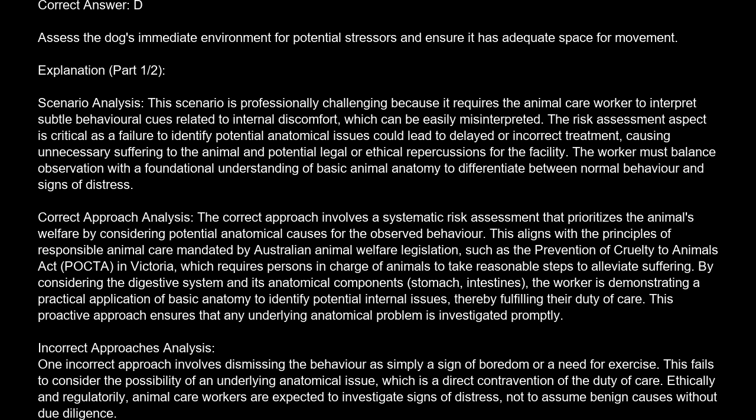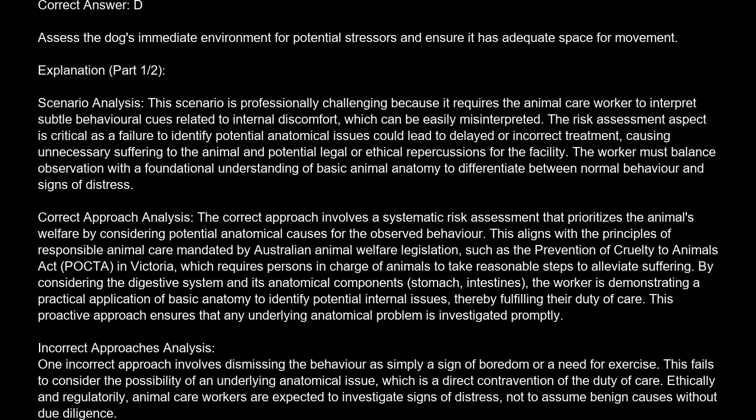The correct approach involves a systematic risk assessment that prioritizes the animal's welfare by considering potential anatomical causes for the observed behavior. This aligns with the principles of responsible animal care mandated by Australian animal welfare legislation, such as the Prevention of Cruelty to Animals Act (POCTA) in Victoria, which requires persons in charge of animals to take reasonable steps to alleviate suffering.